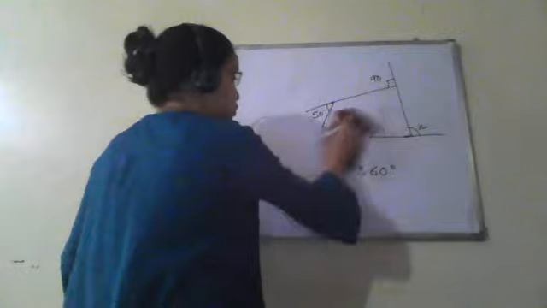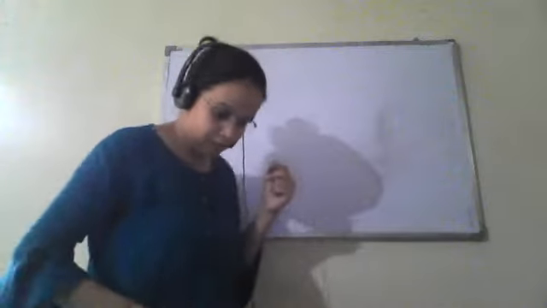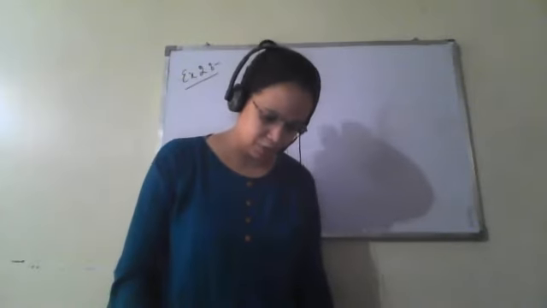Now example 2, same page, page number 43. What it says is: find the number of sides of a regular polygon whose each exterior angle has a measure of 45 degrees.